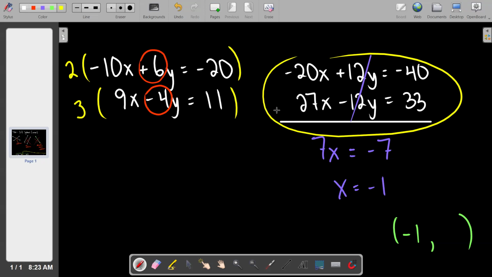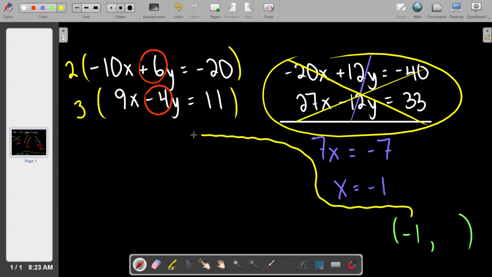Why would you do that to yourself? I would not recommend using these because we know the numbers are going to be bigger. So of the two original equations, which one do we like better? Probably the bottom. Just nicer numbers all around.